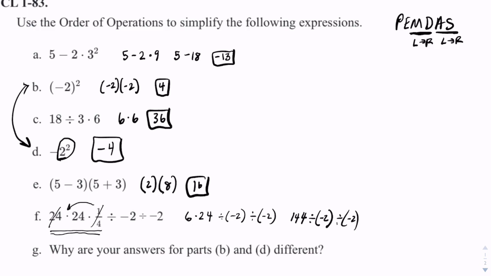Negative 72 divided by negative 2. Negative divided by a negative is positive 36. Positive 36.